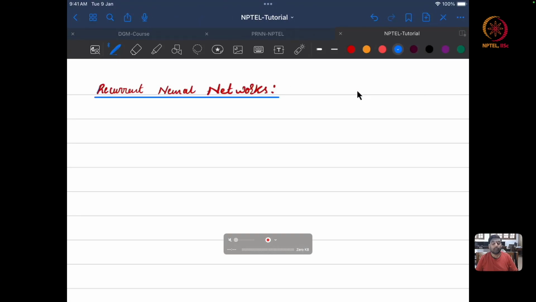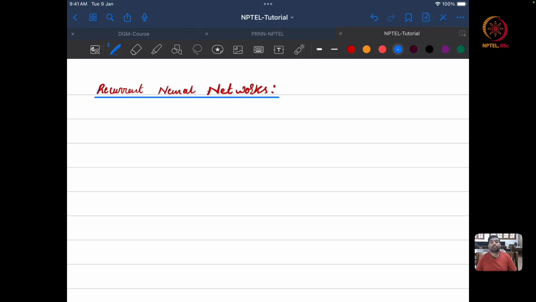Hello all, welcome to this tutorial in which we will be running through recurrent neural networks, RNNs, LSTMs and GRUs.